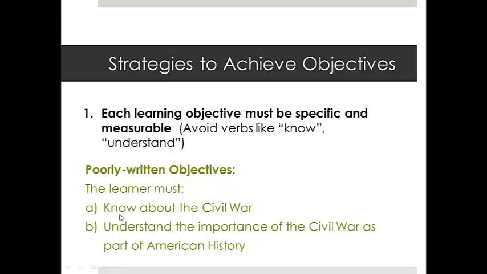So the first one is too broad and is not measurable. What does the learner need to know about the Civil War? Everything? The second one is not measurable because you cannot assess whether someone understands something just by looking at him or her. So let's try to revise these objectives.